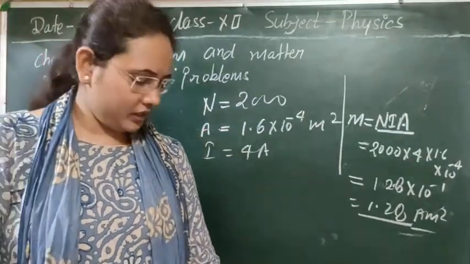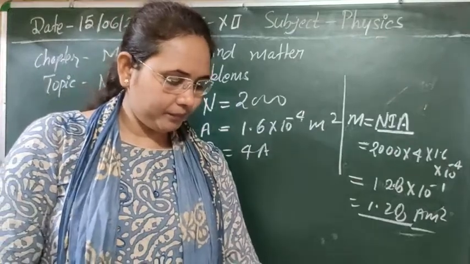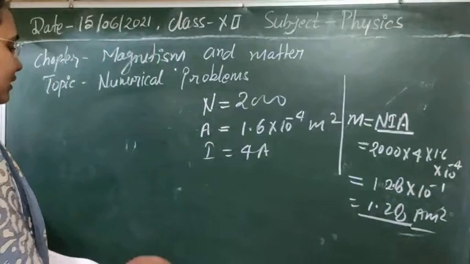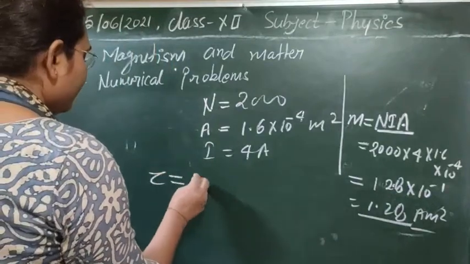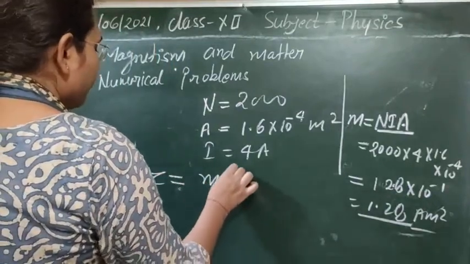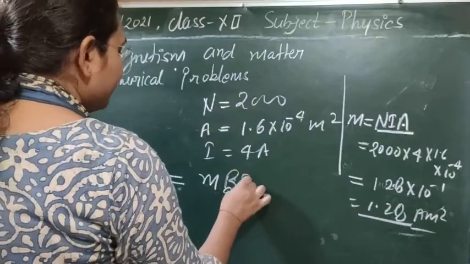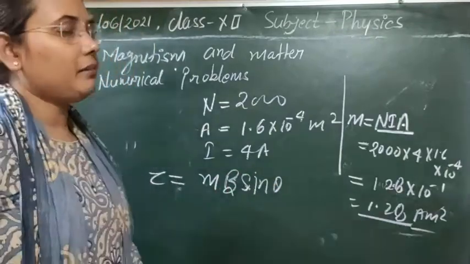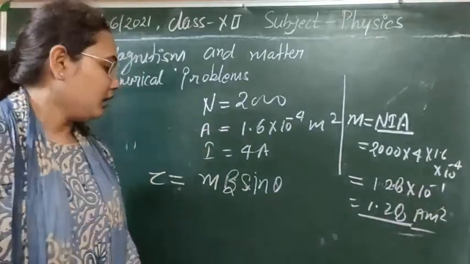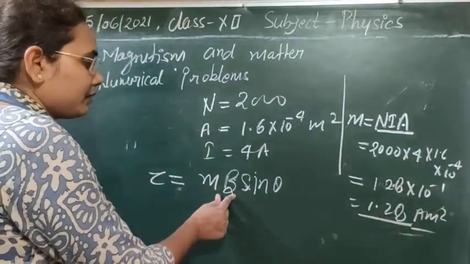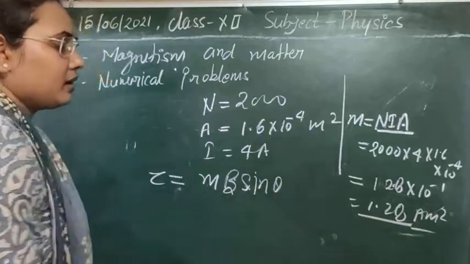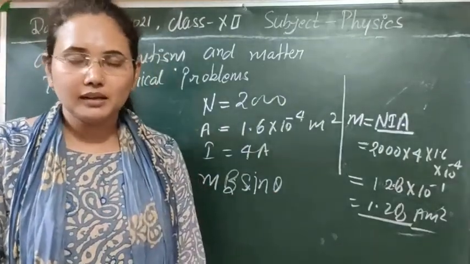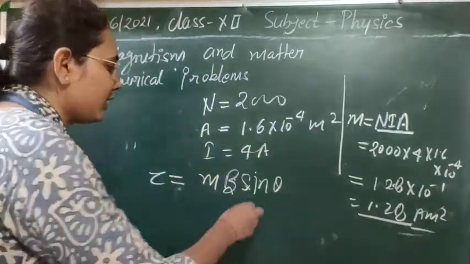So here the question is: what will be the torque experienced by the solenoid whenever we are suspending the solenoid in an external magnetic field B at some angle theta. You know that any freely suspended magnet in an external field, having some magnetic moment, with external field B, when it is rotated by some angle theta or suspended at some angle, experiences a torque, and its value is this one.